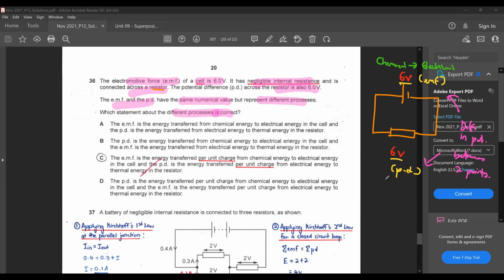And then for resistor, electrical is converted to heat, per unit charge. This one electrical to heat per unit charge too. This was the definition of EMF and PD that you learned last time in the notes. So EMF is energy transfer per unit charge from chemical to electrical in the cell, while PD is energy transfer per unit charge from electrical to thermal in the resistor.